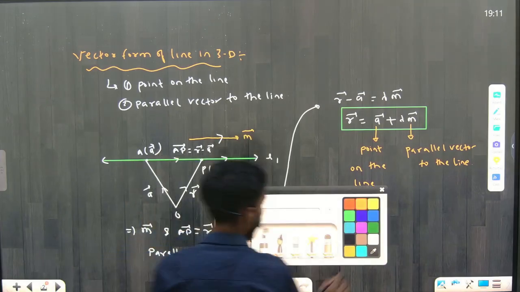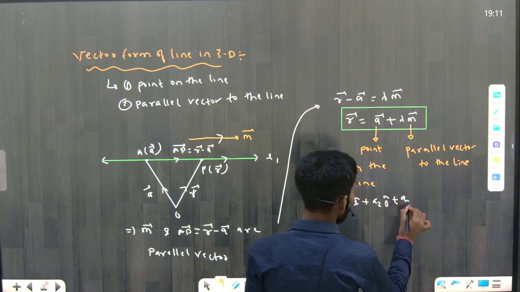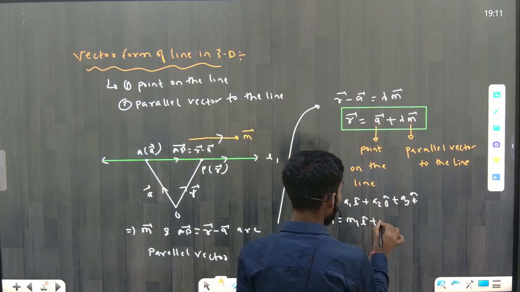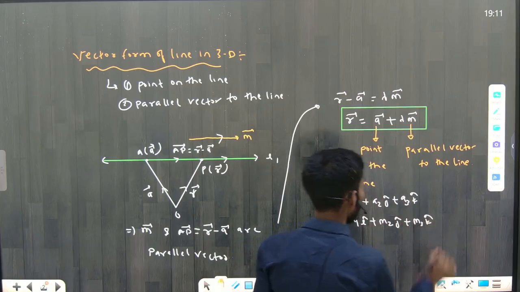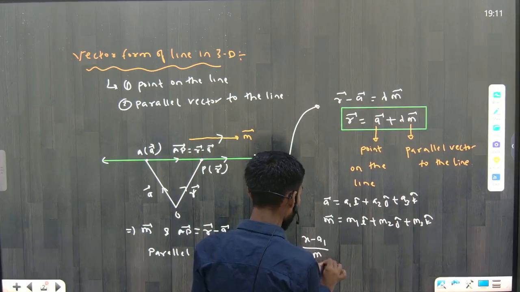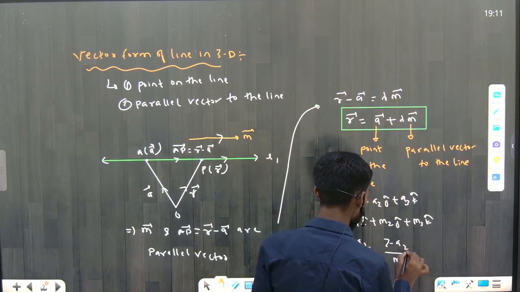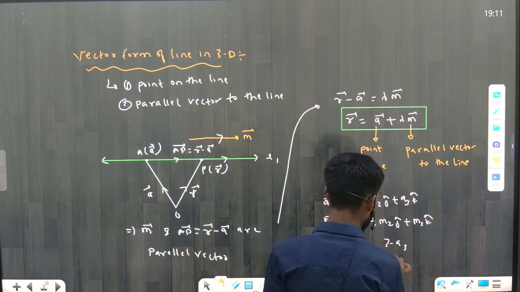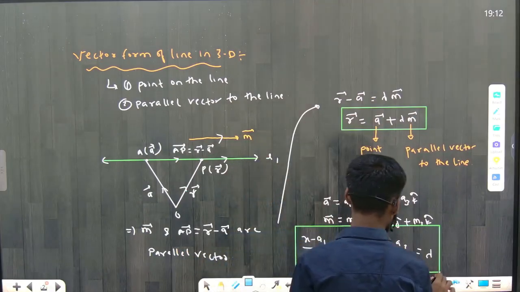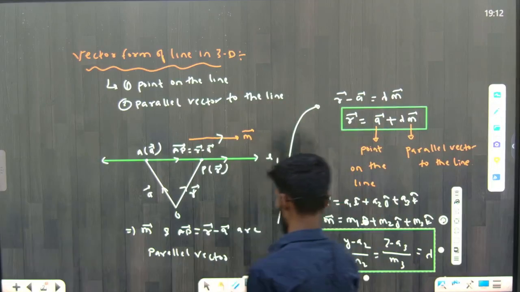If we assume A vector is equal to a1 i cap plus a2 j cap plus a3 k cap, and M vector is m1 i cap plus m2 j cap plus m3 k cap, then the Cartesian form of the line is (x minus a1) upon m1 is equal to (y minus a2) upon m2 is equal to (z minus a3) upon m3, which is equal to lambda. This is the Cartesian form of the line.